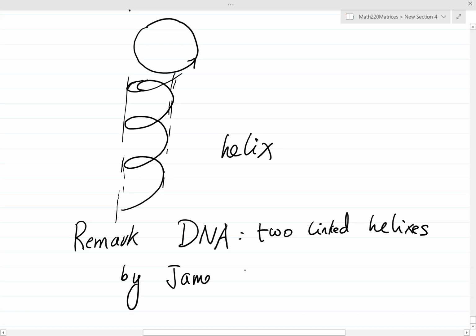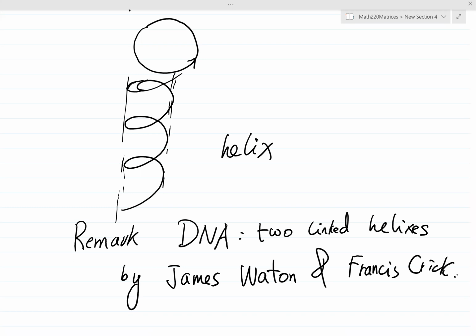So we do have this thing, the DNA model.